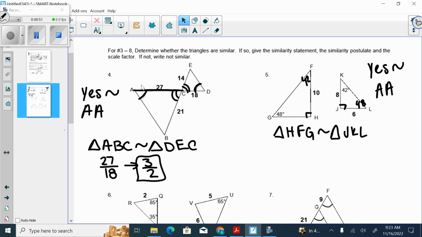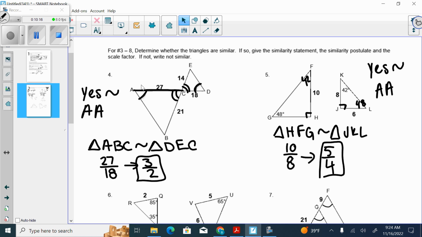Well, the only sides they gave me were the 10 and 8, right? So I put 10 over 8. And what does that simplify to? 5 over 4. Or 4 over 5 if you have them flipped over, yes. Since they're not specifying which one we have to put on top, it really doesn't matter. You can pick.